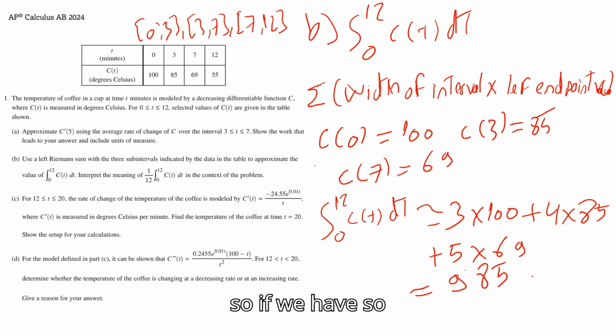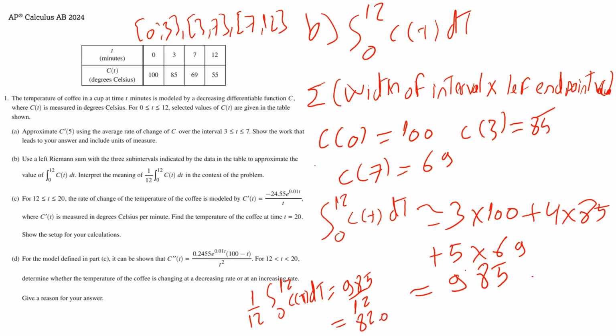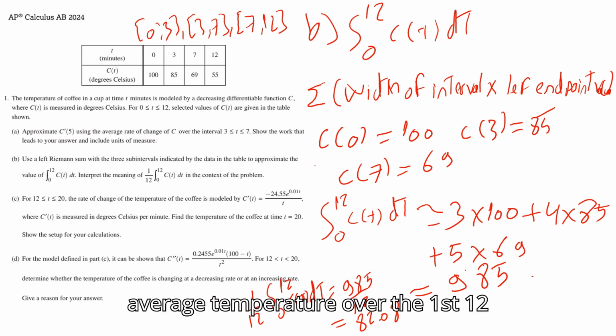So 1 over 12 times the integral from 0 to 12 of C(t) dt equals 985 divided by 12, which is 82.08. This represents the average temperature over the first 12 minutes.